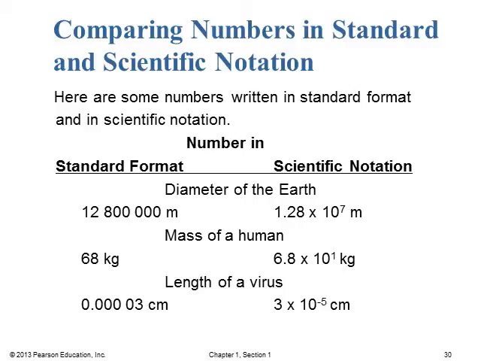Now, arguably, the mass of a human of 68 kilograms, or 6.8 times 10 to the 1 kilograms, seems arbitrary as to why you'd make that conversion. But in the other cases, the diameter of the Earth and the length of a virus, we have a very large and a very small number with a lot of zeros in them. To shorten those up and get rid of a lot of those zeros, scientific notation makes the number look a lot cleaner and hopefully easier to understand.